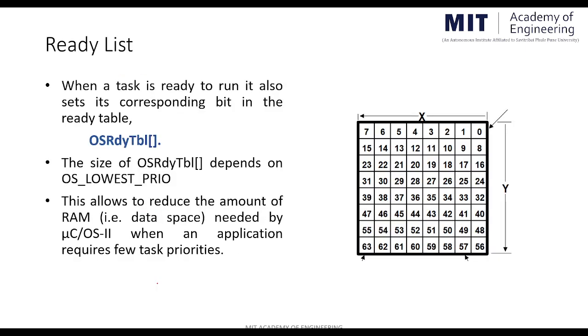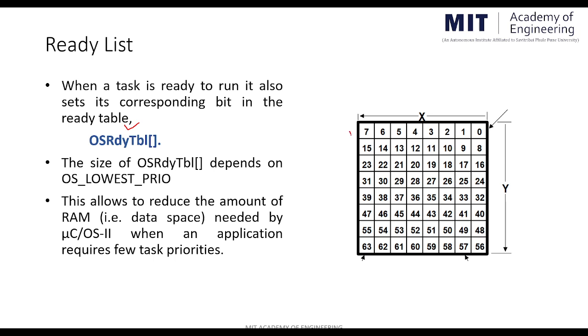Now we will see every detail one by one, and we will also solve numericals over this ready list table. When a task is ready to run, it also sets its corresponding bit in the ready table. We have seen every ready group bit indicates a group of 8 tasks.